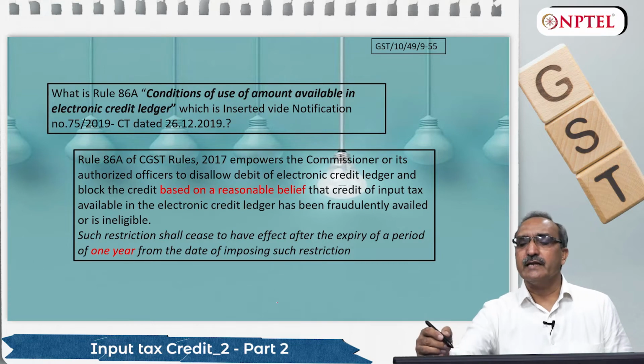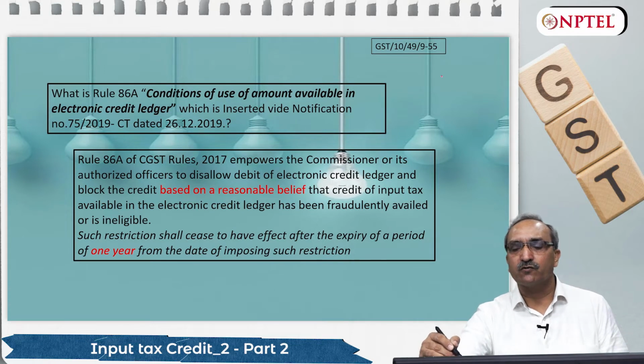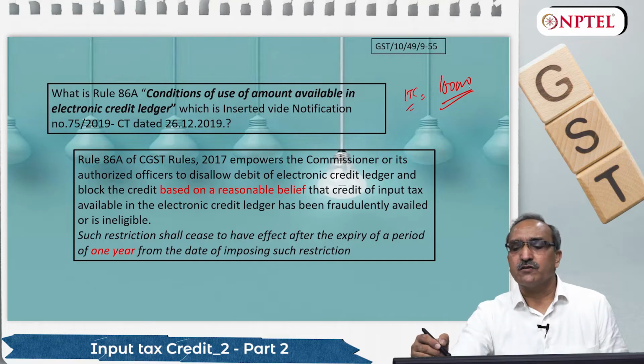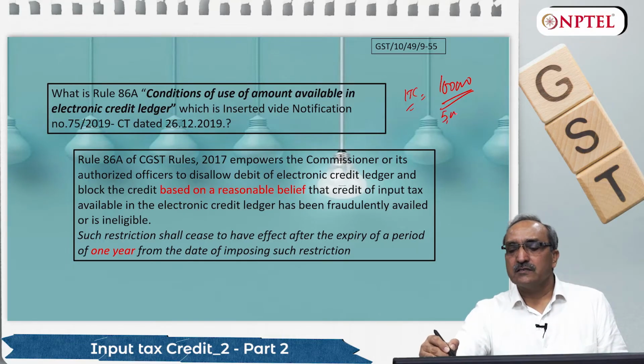At any given point of time, suppose you procured 1 lakh rupees of procurements where the total tax paid by you to your suppliers is 1 lakh rupees for so many inputs, and out of these, tax on car is 5,000 rupees, tax on building material is 2,000 rupees, like this.